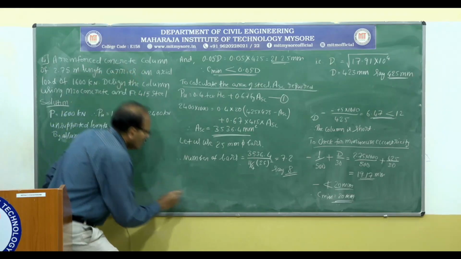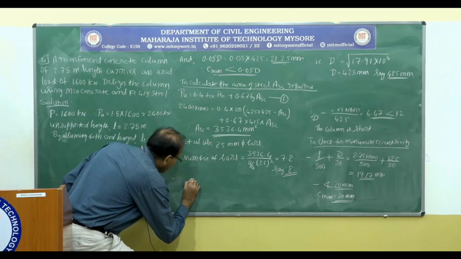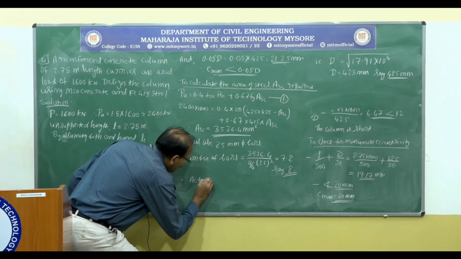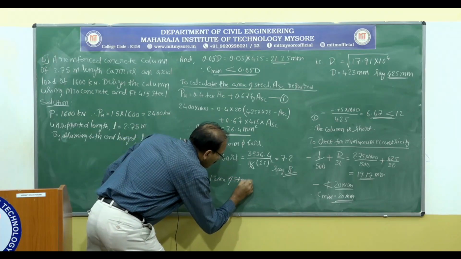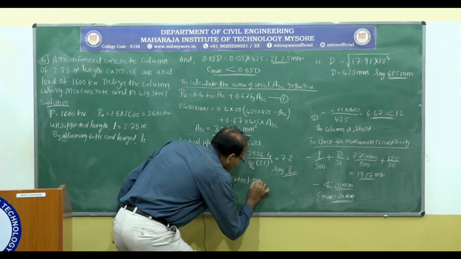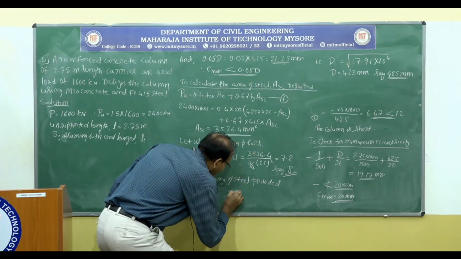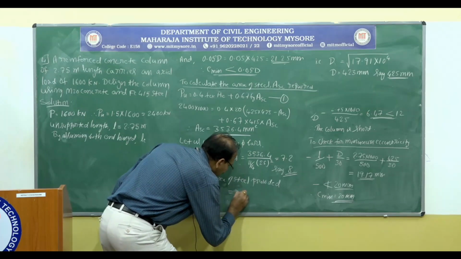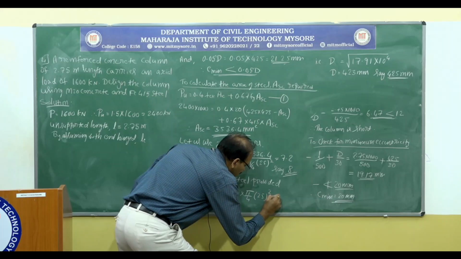Therefore, actual area of steel provided equal to 8 multiplied by pi by 4 into 25 square.